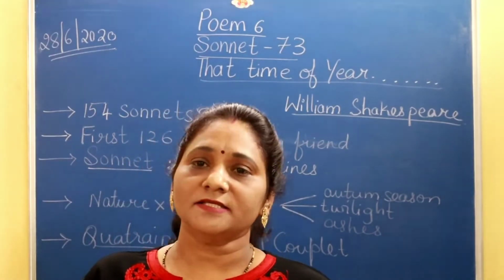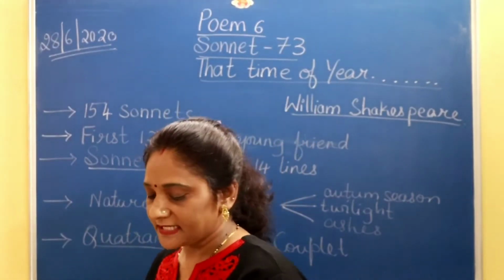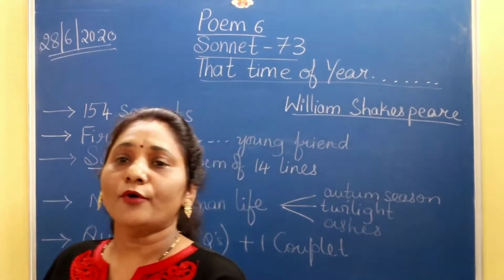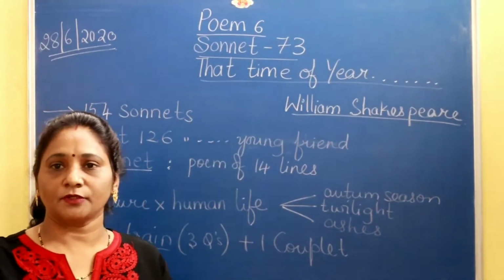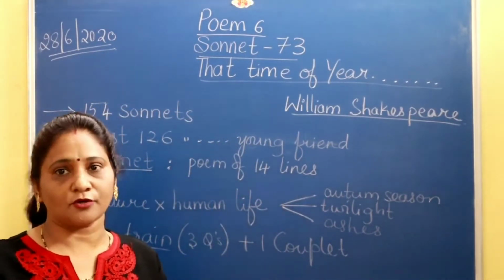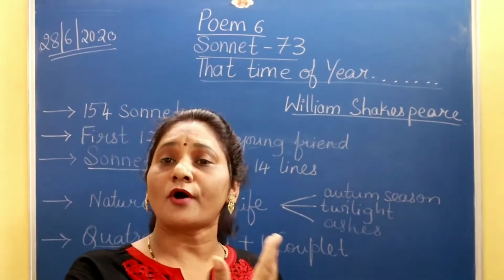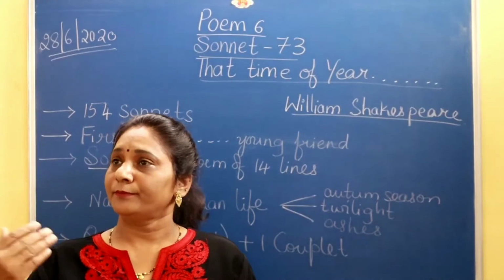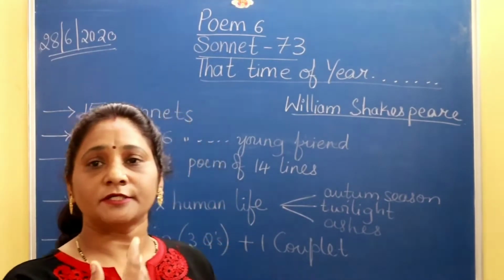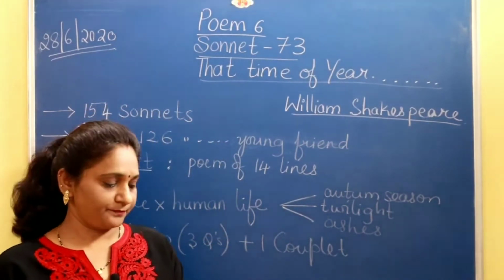Here there is a comparison made by the poet. He says that there are no choirs sung in the church. The chorus songs which are sung in the church are called choirs. So he compares: there are no birds on the branches, we cannot hear the sweet song of the birds.